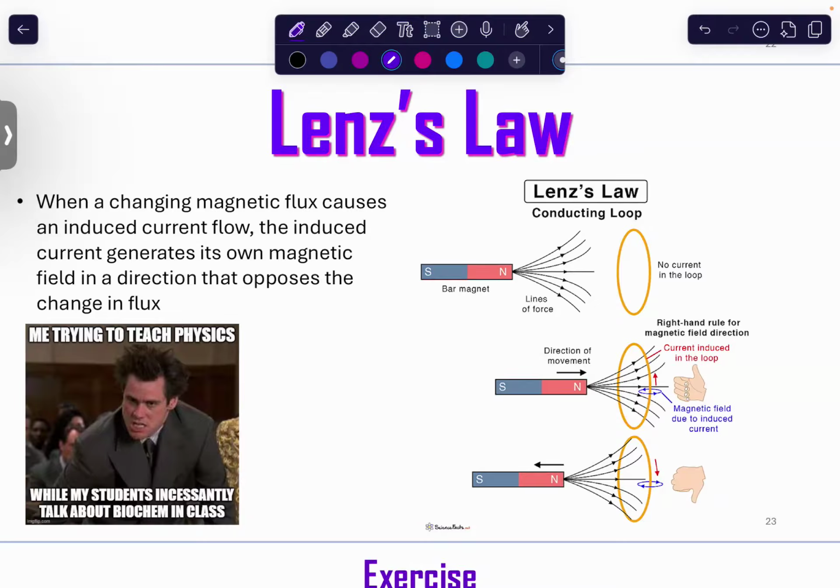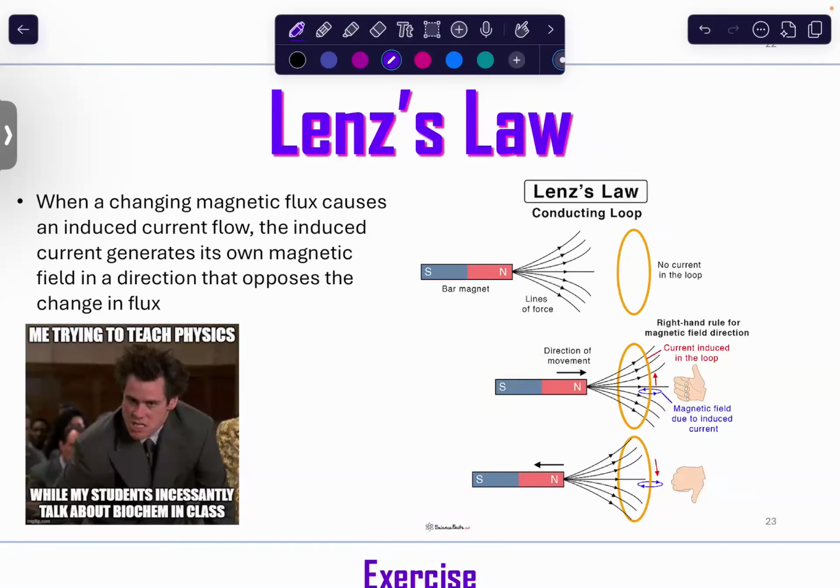Now, the hard thing about this is, so let's say you have your magnetic field going through this way. You pull the bar magnet back. That means the flux is retreating the opposite way. So it's going that way through the surface, okay, through that area of the ring.